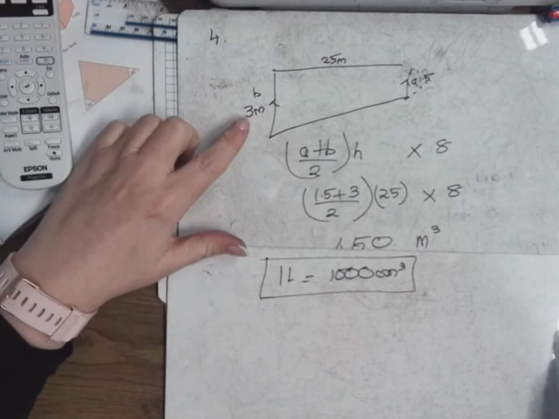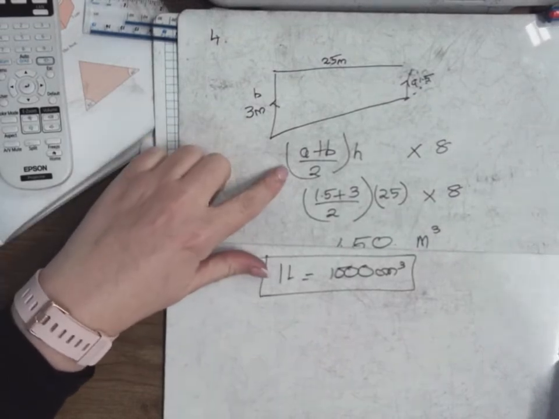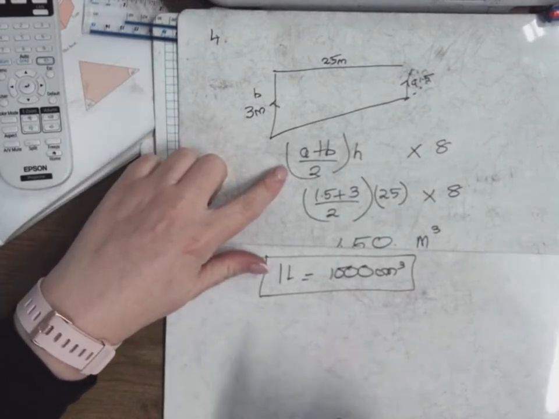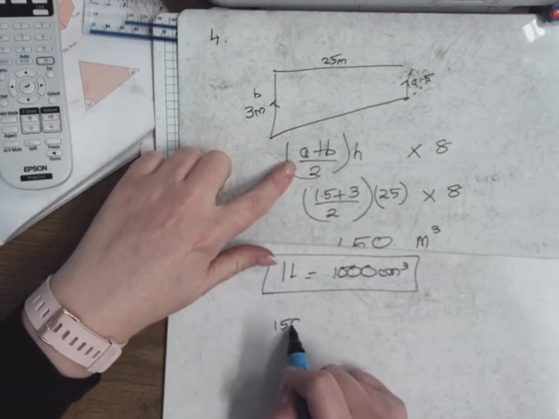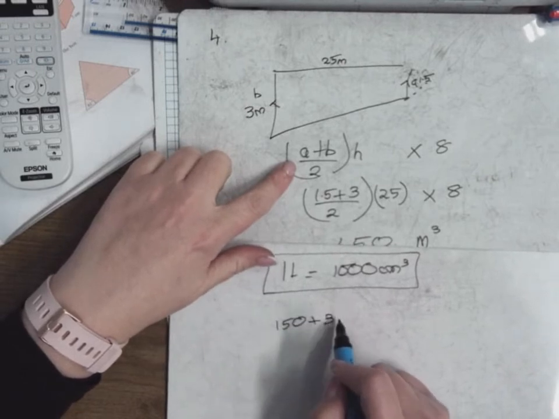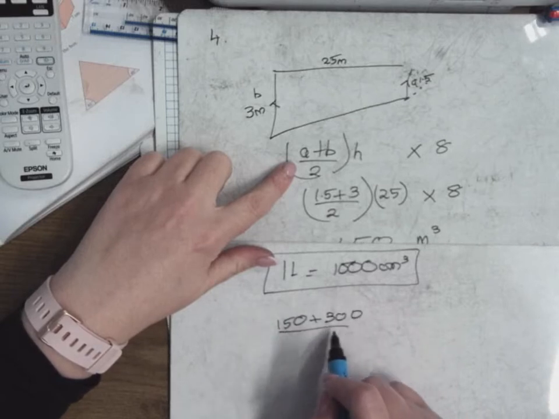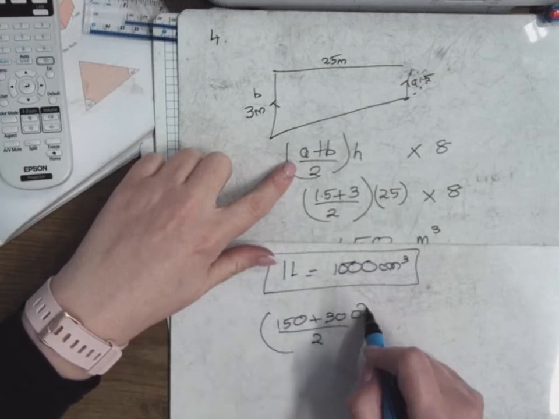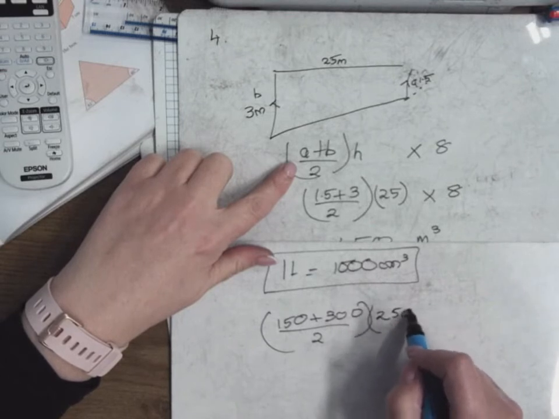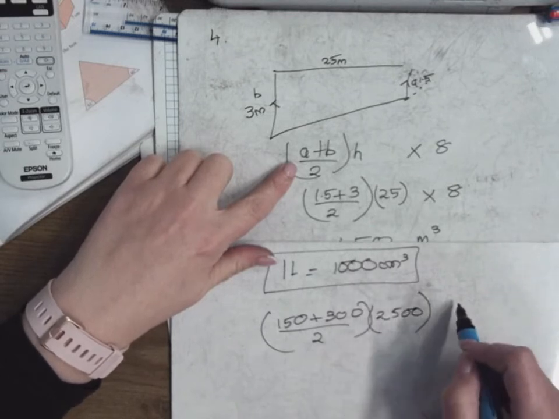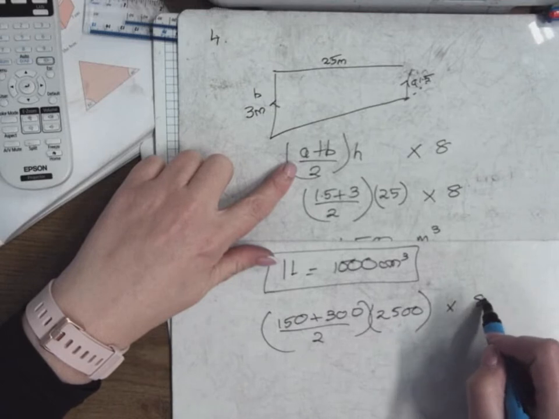Okay, so I'm going to go back and do all that, but I'm going to do it in centimetres, okay? So A would be 150 centimetres, B would be 300 centimetres, divided by 2, multiplied by H, which is 2,500 centimetres, and then multiplied by the distance back, which is 800.